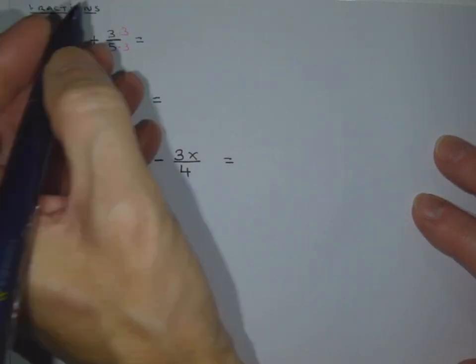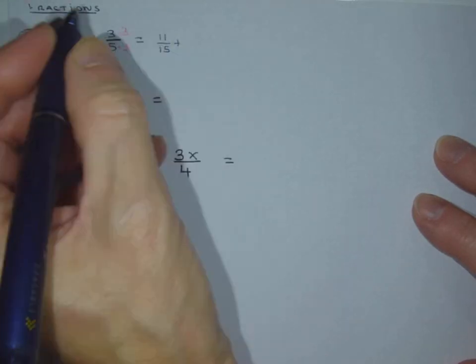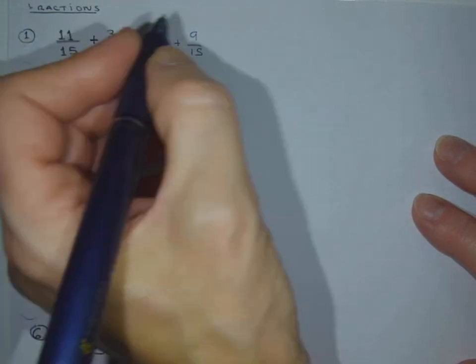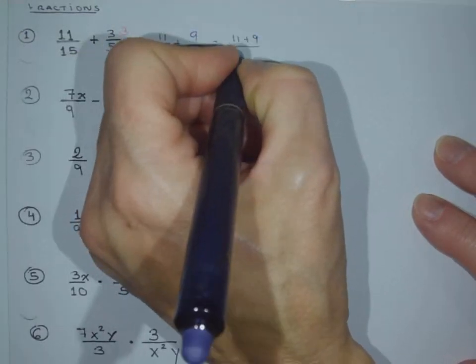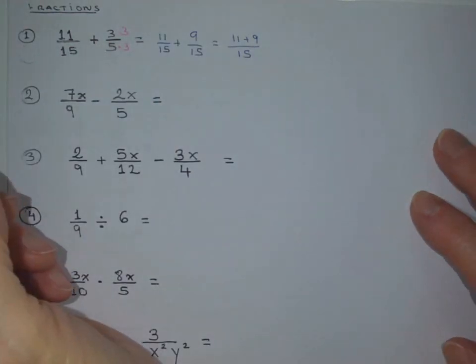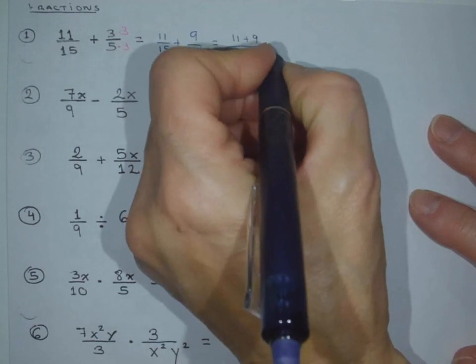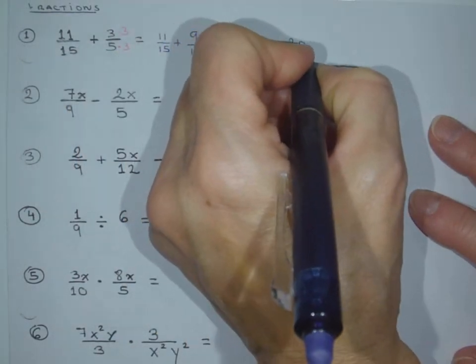Okay, so this one we don't have to do anything, so we're going to keep 11 over 15 plus 3 times 3 is 9, and over 15, right, 3 times 5. Now we have a numerator over a common denominator, so we can just write it as one denominator because it's common. And then 11 plus 9 is 20 over 15.